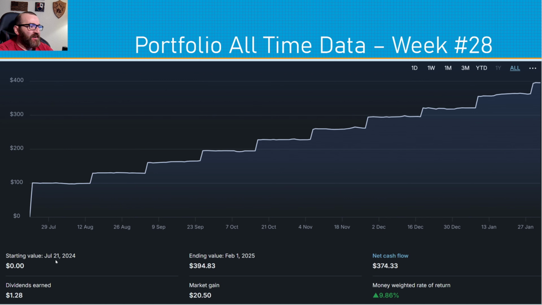So day 1 going back to July 21st, 2024 to February 1st, 2025, we have a net cash flow of $374.33. So remember, the first initial deposit was $100. That's to open the account. That's just the initial seed money. And after that, every 3rd week is a $30 deposit.